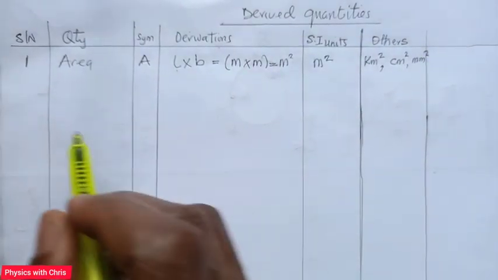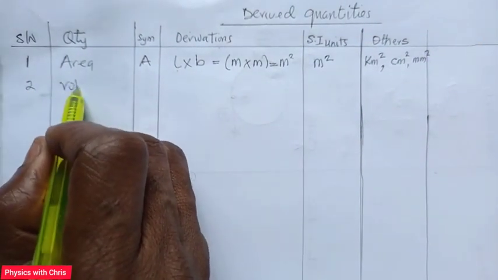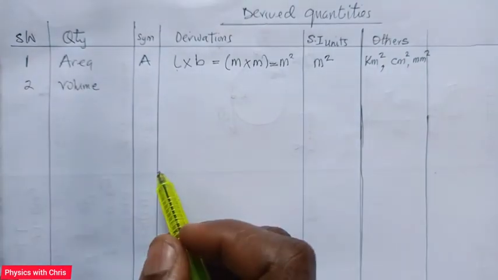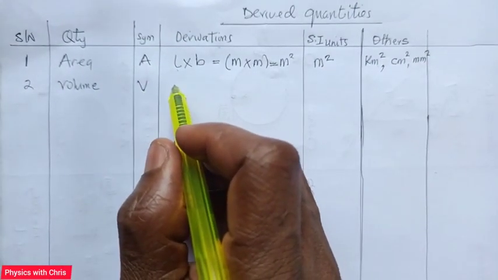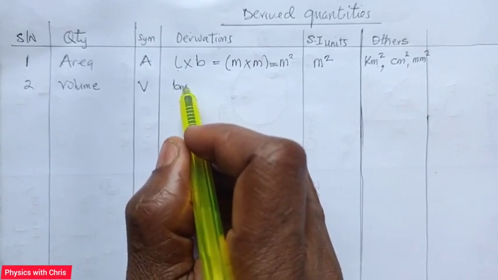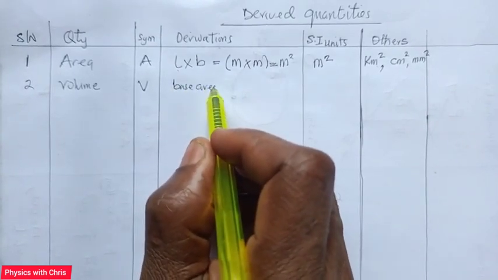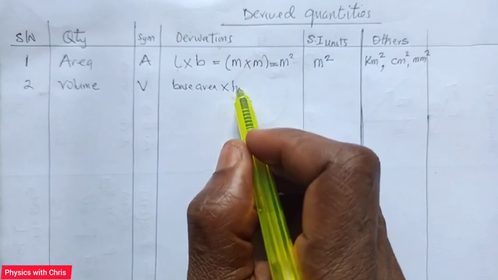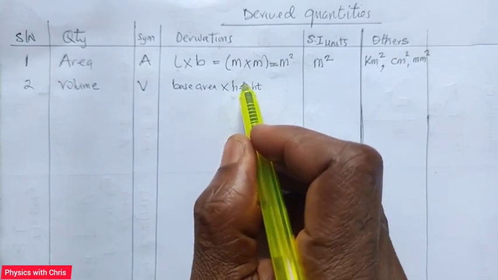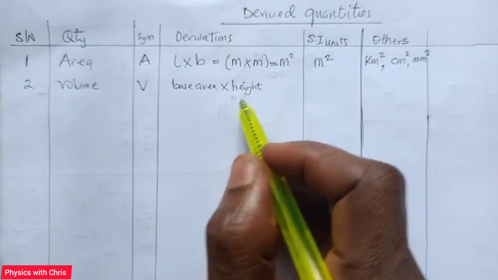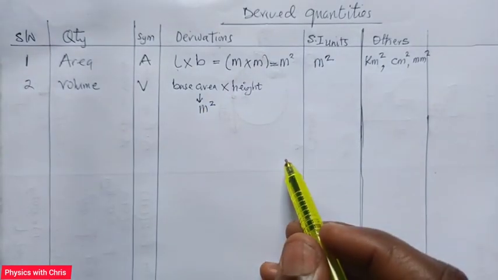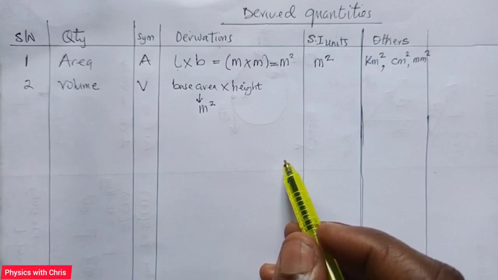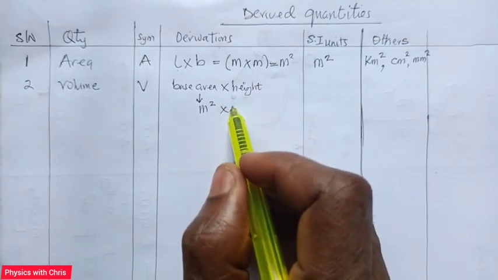Okay, then the second, I want to look at the volume of a solid shape. The symbol is V. It is defined as the base area of the solid shape multiplied by the length or height of the shape, like the volume of a cuboid, the volume of a cylinder. Now the base area has the unit of meter squared because area is the product of two lengths, and the height is also in meter.